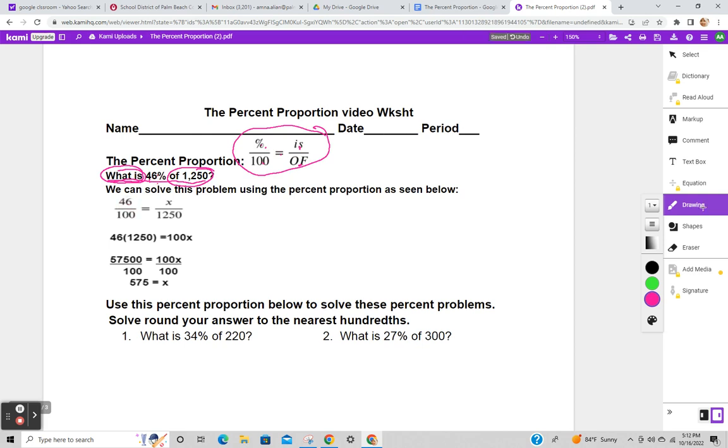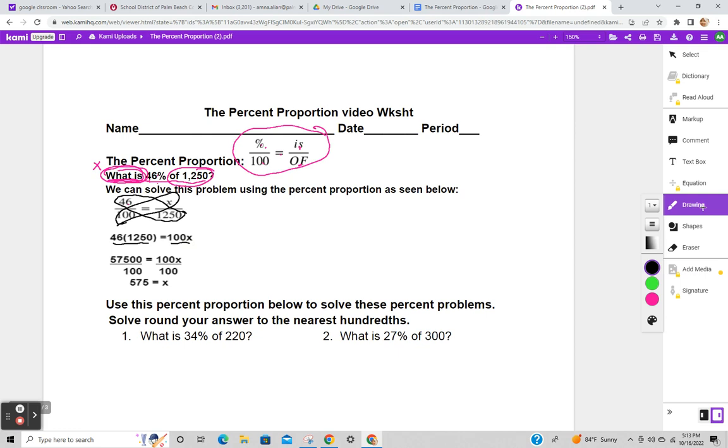So they have done it already here for us. 46% goes here, of 1,250. The number that goes with of goes down here. And the number that goes with is goes right here. And this is what is. What is. So we're missing that value, and that can be represented by using an X. And now we'll just go about solving this problem by taking the cross product. 46 times 1,250 right here equals 100 times X right here.